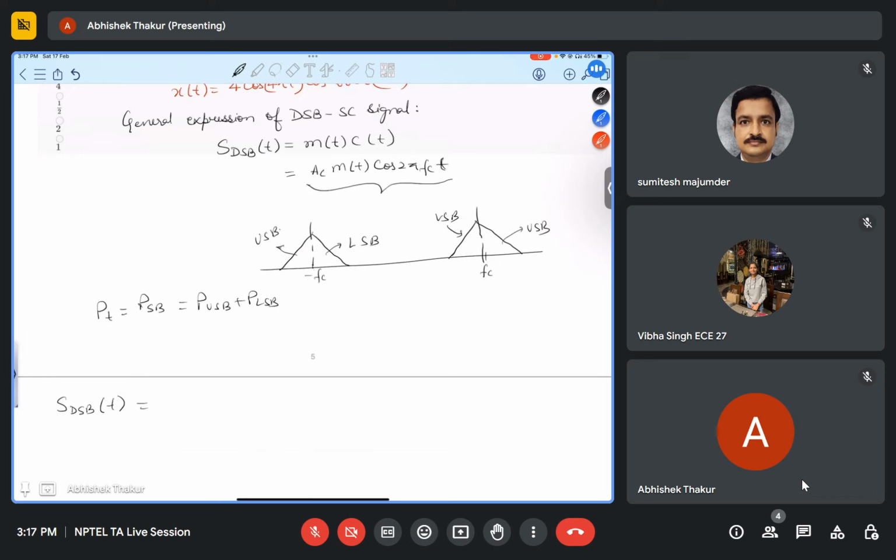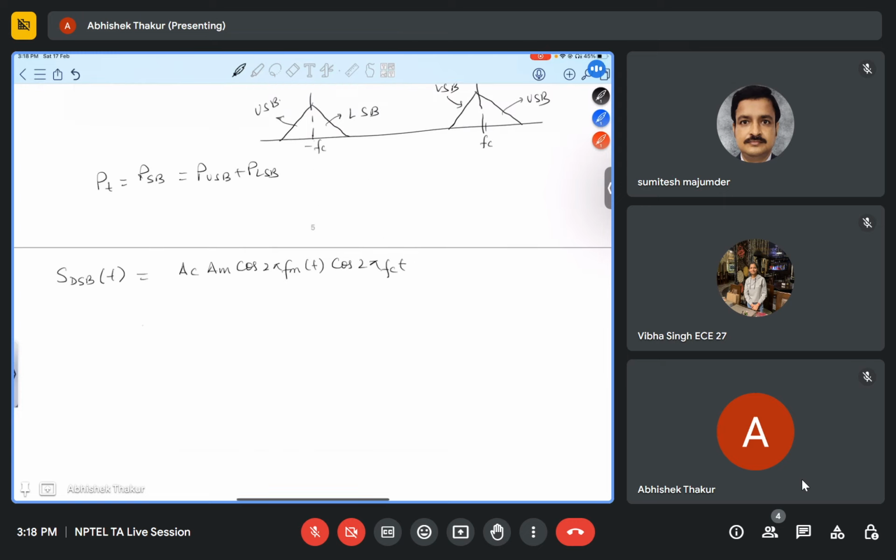So this we can write as Ac, and let's suppose m(t) is equal to Am cos of 2 pi fm t. So we will write here Ac Am cos of 2 pi fm t cos of 2 pi fc t.